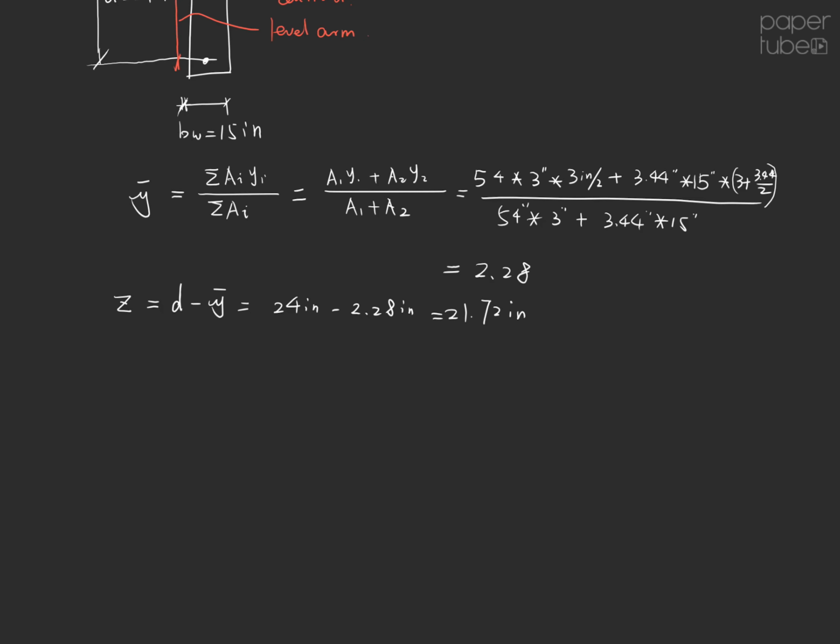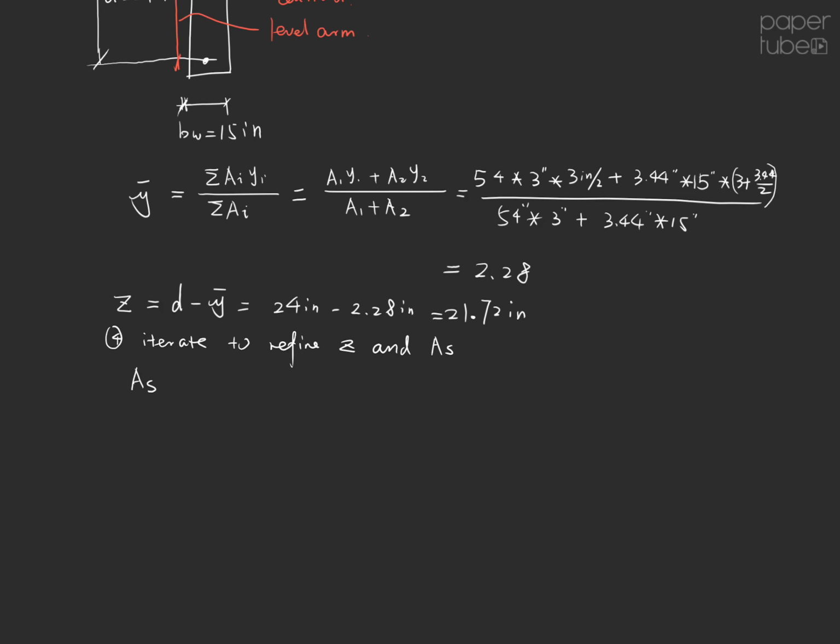All right, and the assumption we have, the lever arm is 22.5. Now, the first iteration, your lever arm is 21.72. With this, we can use iterations to refine the Z and the AS.